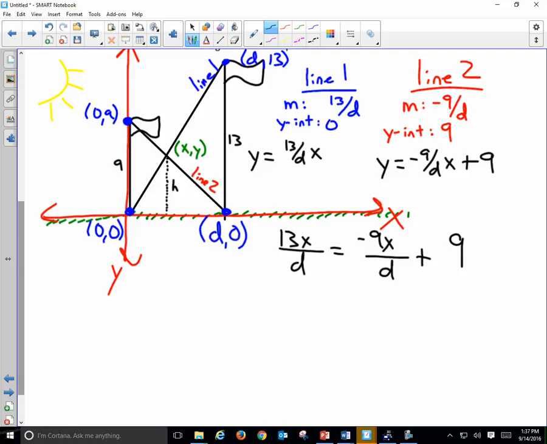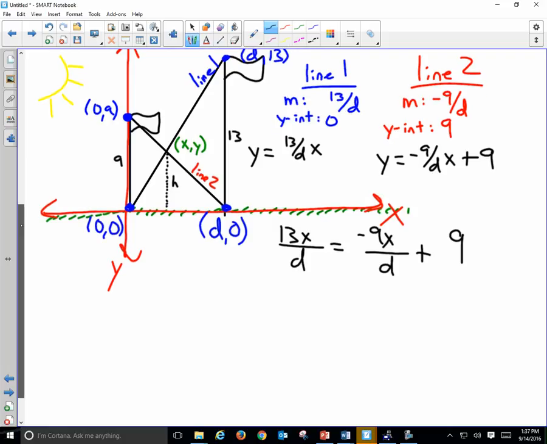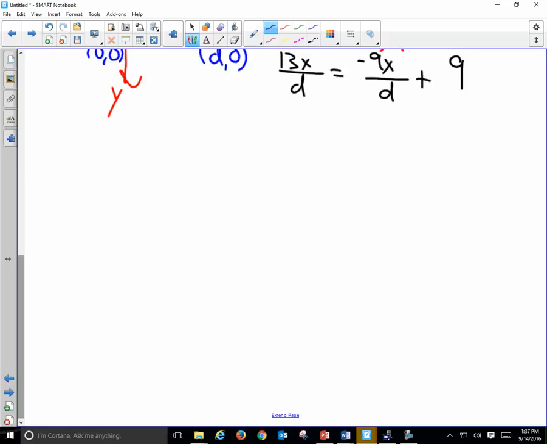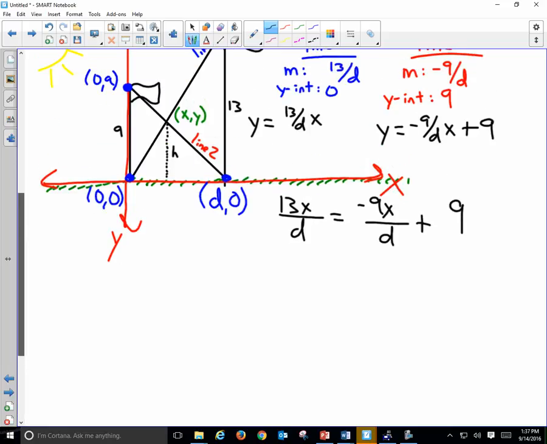I'm going to do something that sometimes makes people upset, but I'm going to put x in the numerator because x is x over 1, so it belongs in the numerator. I do have some like terms here, don't I? So I'll add the 9x over d to the other side. I get 22x over d is equal to 9. Now what? Times by d, 22x is equal to 9d.